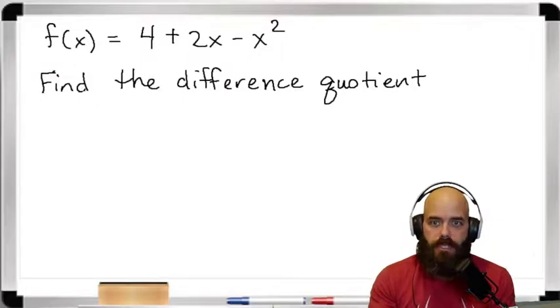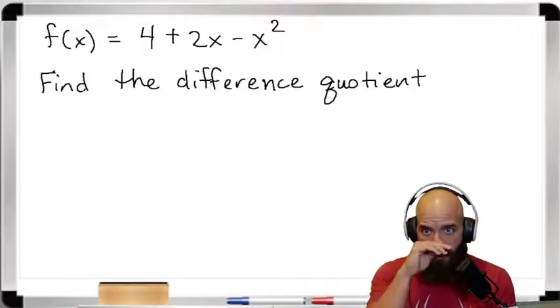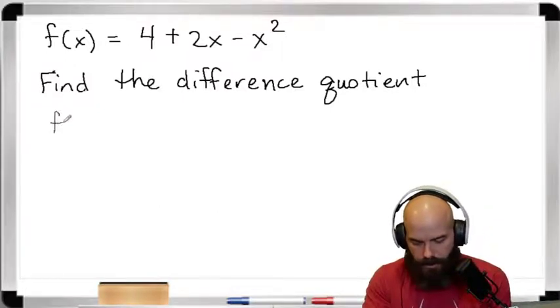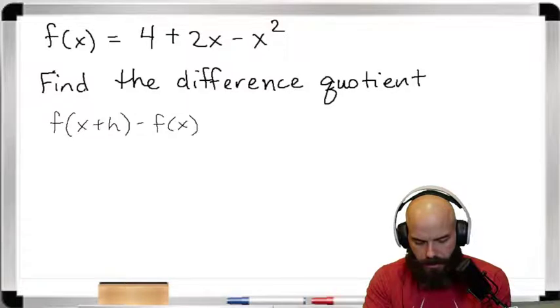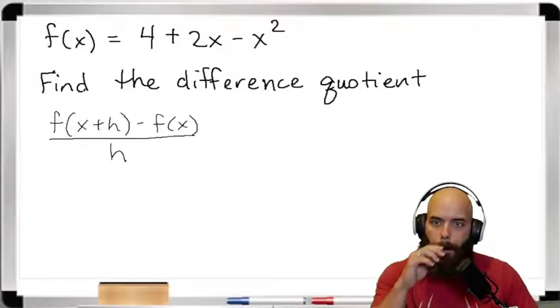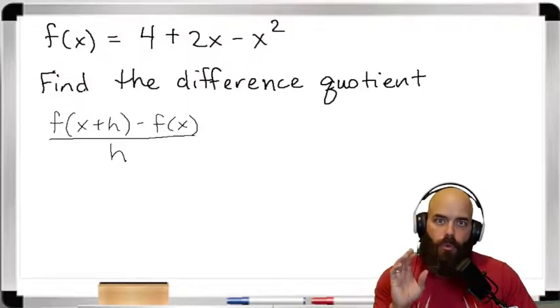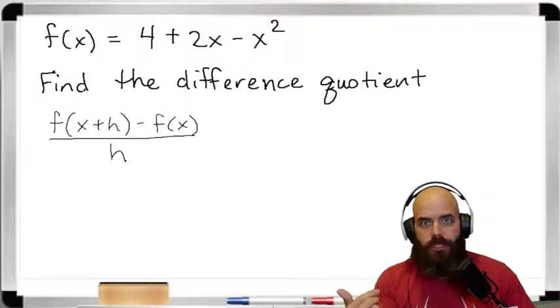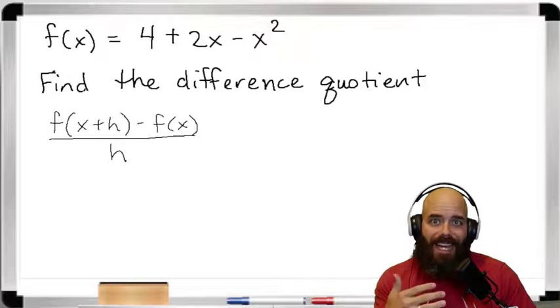All right, so now let's find the difference quotient of this same function. The difference quotient formula is f of x plus h minus f of x all over h. Okay? And so remember earlier in the video, we evaluated a function at an expression.